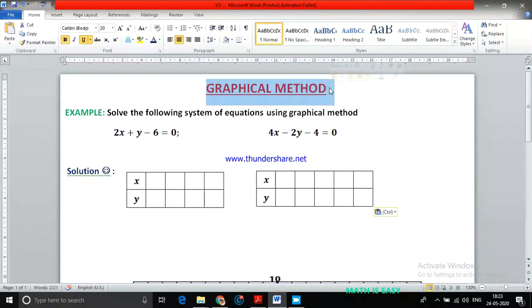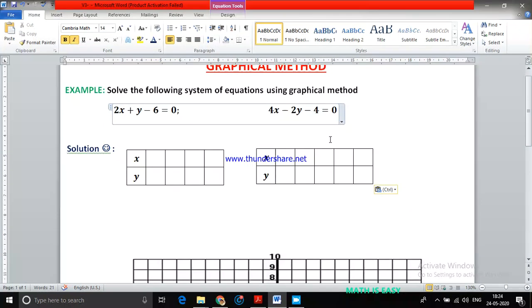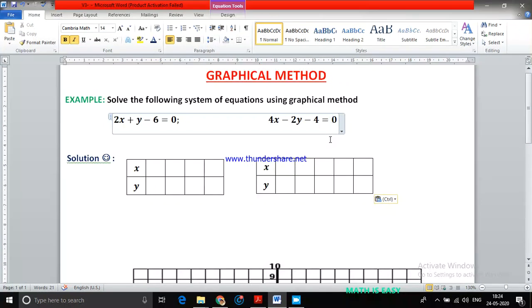in two variables. So here two equations are given to us: 2x plus y minus 6 equals 0, and 4x minus 2y minus 4 equals 0. By comparing their coefficients, a1 upon a2 is 2 upon 4, that is 1 by 2.